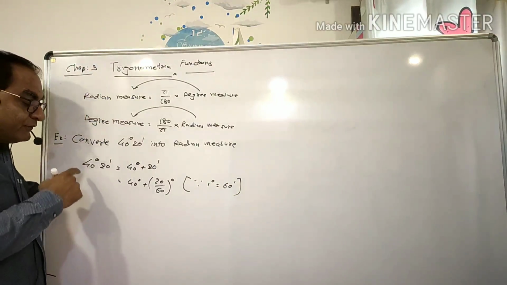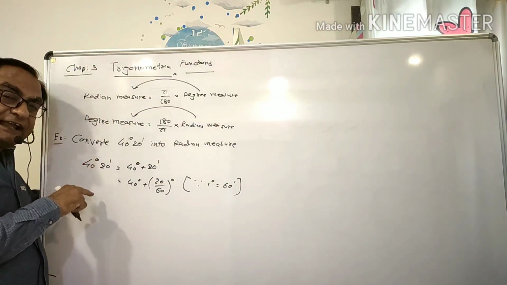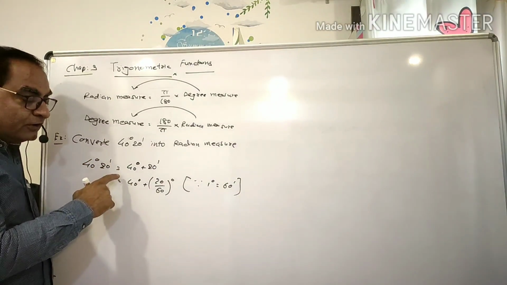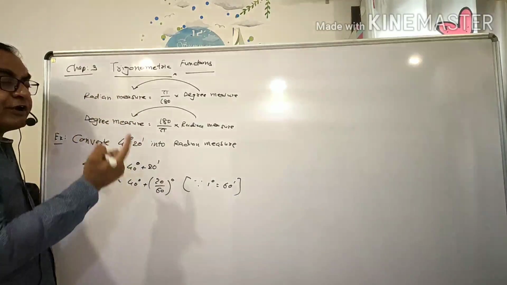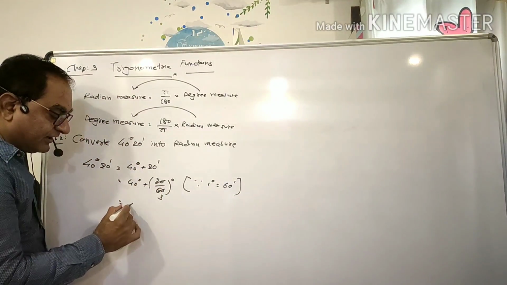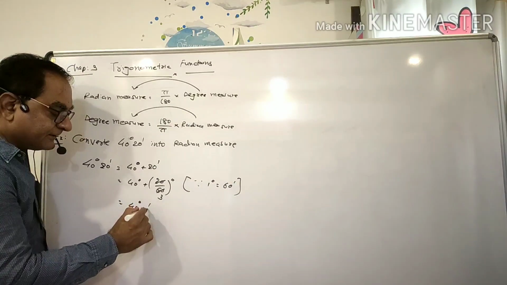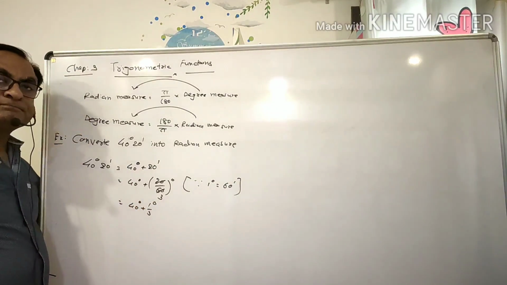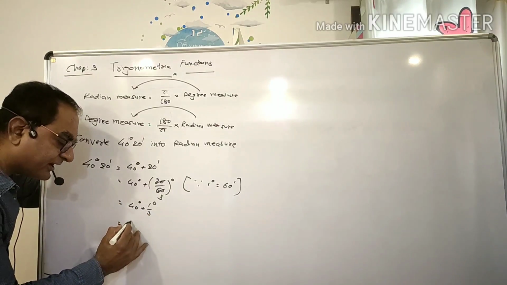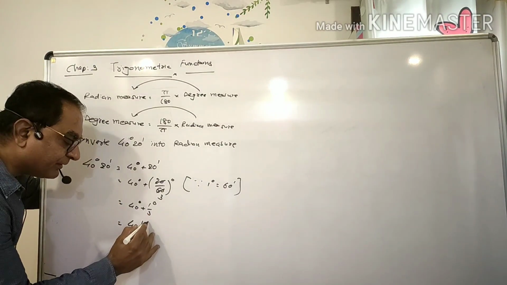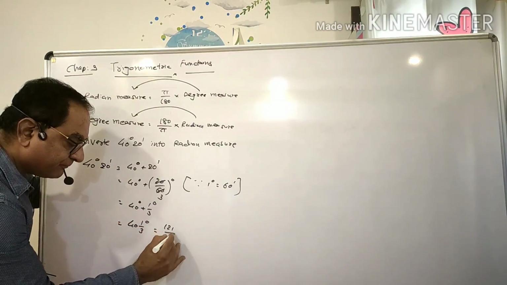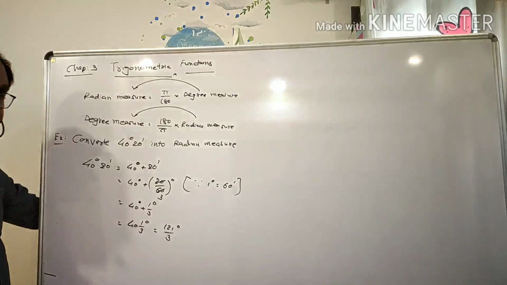That's why first I will convert this number into degree as a whole, then I will convert into radian. So it is 20 by 60, which is 1 by 3, so I will have 40 degree plus 1 by 3 degree. With simplification, you can write 40 1 by 3 degree, or 121 by 3 degree.